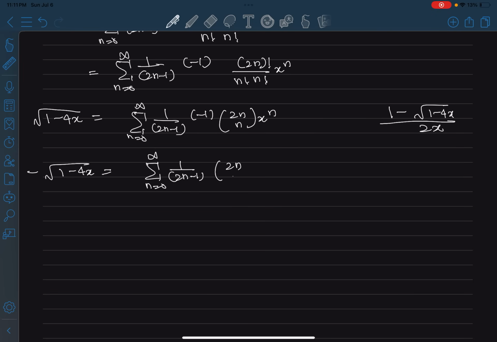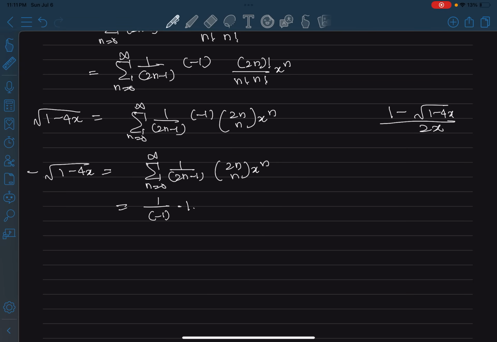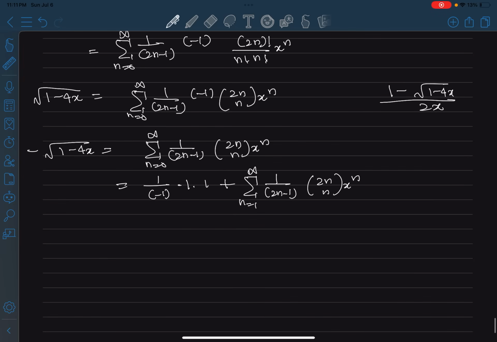Yeah. And now okay, let me observe something to cancel this one. Notice that the first term in the series is actually just 1 by negative 1, and then the sum from n equals 1 to infinity of 1/(2n-1). I'm just trying to separate the first term because that is just negative 1, and that's what helps us cancel the 1.